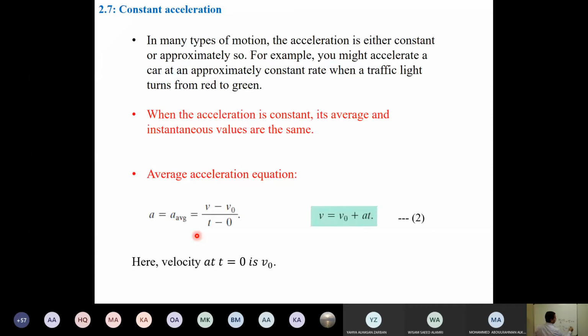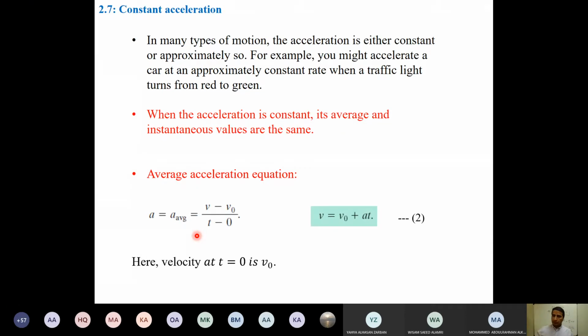So T naught, we put it to be 0, so we are left with the T in the denominator, and now I'm multiplying T with both sides, so AT equal to V minus V naught. This is the equation. I can keep the equation like this, or I can move the velocity to the left side, and I will be left with V naught plus AT, and that is equal to V, final speed. So this is one of the equations of motion for the constant acceleration.